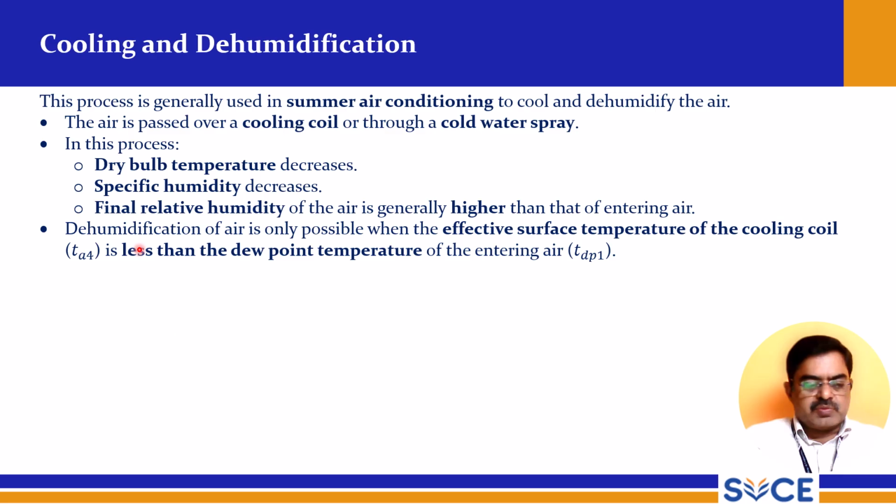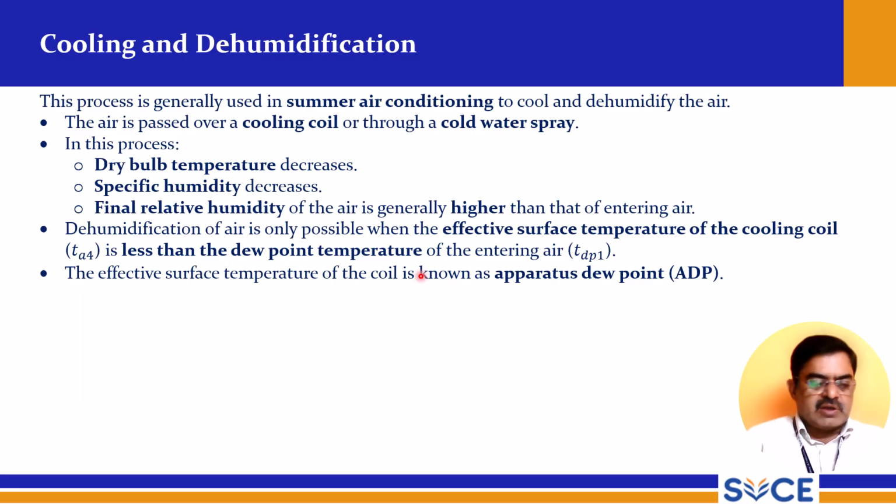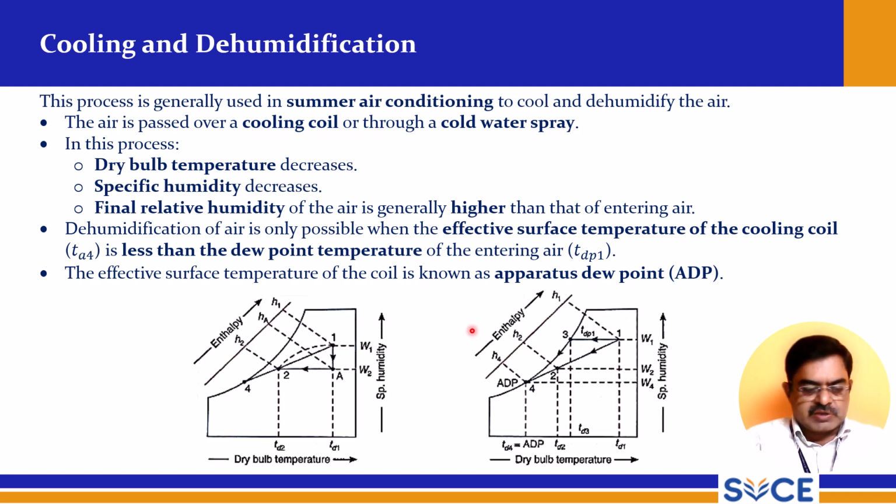Dehumidification of air is only possible when the effective surface temperature of the cooling coil, TA4, is less than the dew point temperature of the entering air, that is TDP1. The effective surface temperature of the coil is known as the apparatus dew point, that is the ADP.